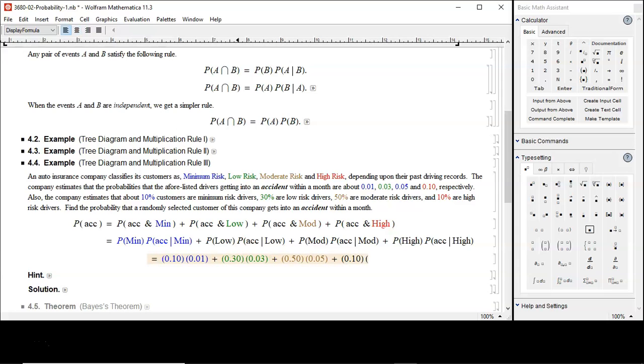Not that many high-risk drivers, only 10%, but then again, the probability of getting into an accident within 1 month is pretty high, 10%. So if you calculate that, finally you're going to get the probability of having an accident one way or the other in any class. So basically we are using this rule over and over again and then adding those up for different categories.